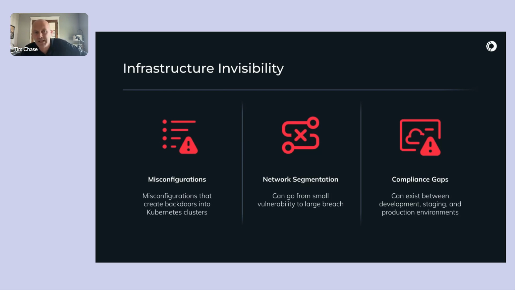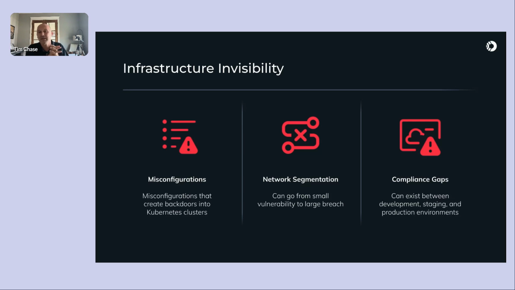And misconfigurations can be easy to do, right? It's not like somebody purposely did it, probably for ease of use. But when you're building code from scratch, or there's an error in your infrastructure as code, those can lead to these misconfigurations.